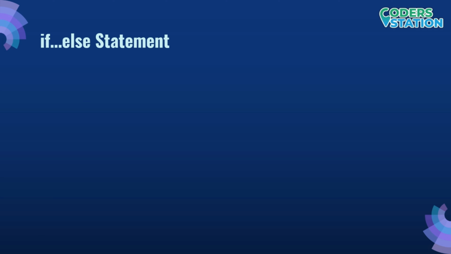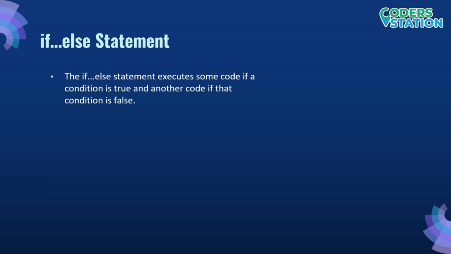Now we have understood the if condition, that is, if the condition is true, then the block of code within it will be executed. But what if the condition is not true and we want to perform an action? Then the if else statement comes into play. The if else statement executes some code if a condition is true, and otherwise the else part of the code is executed if the condition is false.